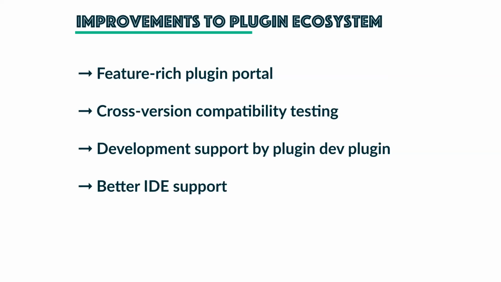Once you publish a new version of your plugin, we could run a compatibility test suite automatically out of the box in the background. That would then tell end users all the versions that your plugin is compatible with. I think that would be super nice to have. There could be additional support by the development plugin that I mentioned before. Any additional boilerplate code could still be externalized to that plugin.